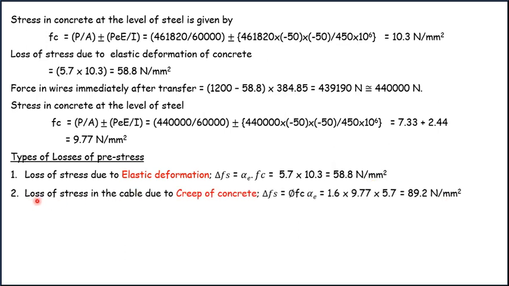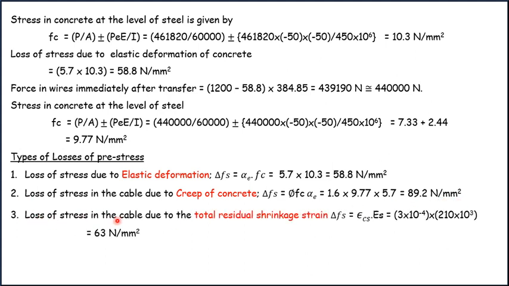Second one is loss of stress in the cable due to creep of concrete, delta Fs equals phi Fc into alpha E. This formula is present in IS 1343, where we take it as creep of concrete. So 1.6 into 9.77 into 5.7 comes out to be 89.2 Newton per mm square.